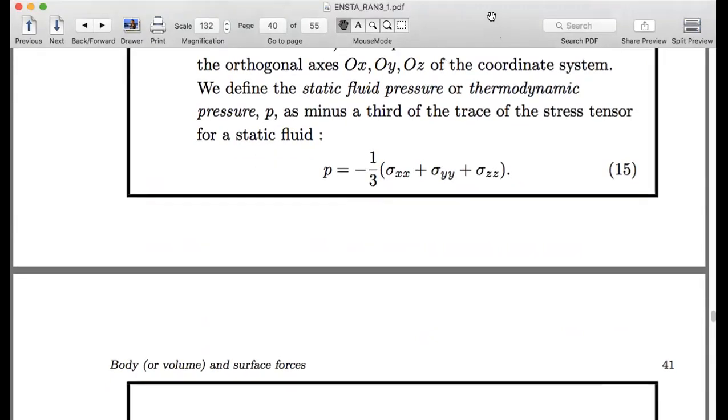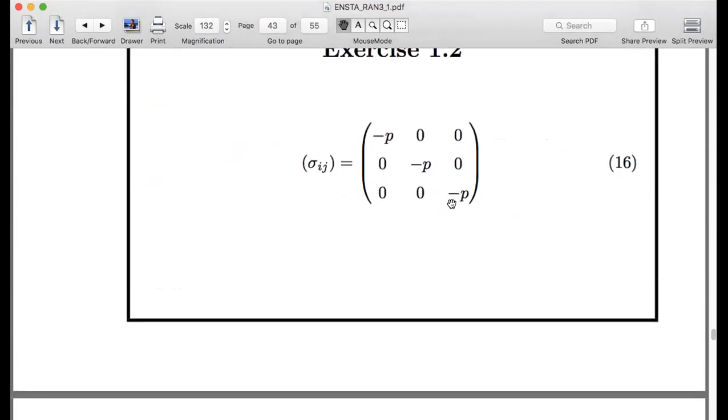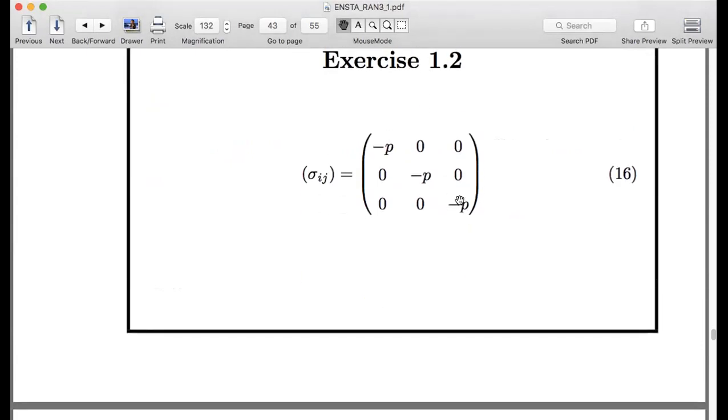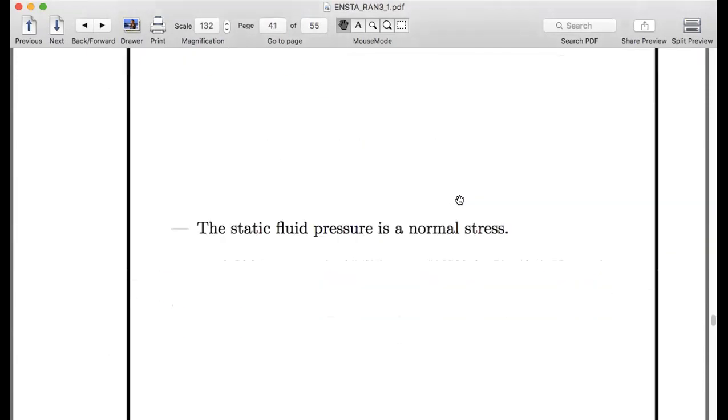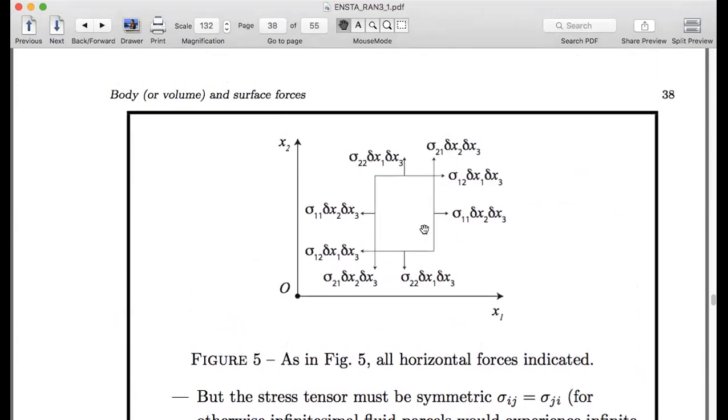And indeed, I claim we can understand this physically as well, because the pressure is a normal force. It's a force per unit area. But remember the convention, I guess, when we were working these things out, we had say this is a normal stress here acting on the surface with the normal in the x1 direction.